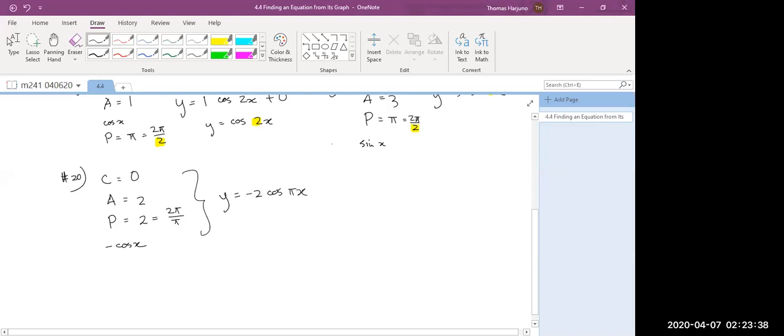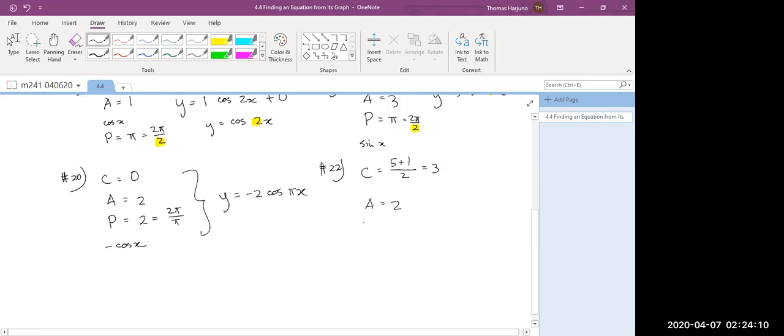Now let's make it harder. We like it harder. Number 22. What's the center? 3. How do we get that 3? The center is the midpoint of the maximum and minimum. So the maximum plus the minimum divided by 2 will give you that center. Now how about the amplitude? 2.